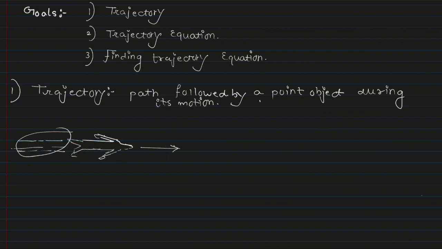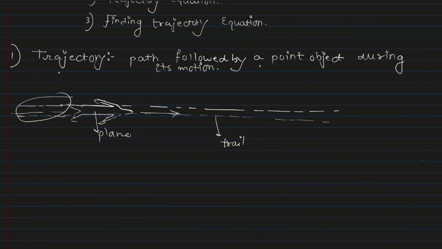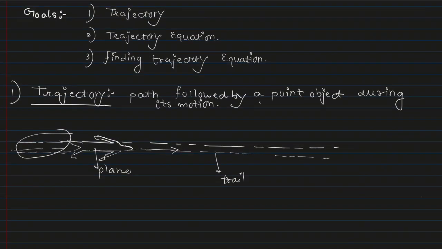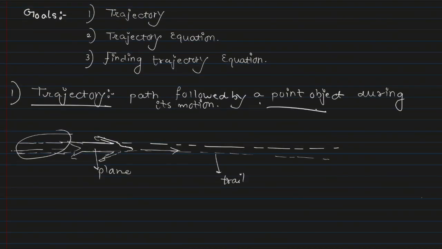If you look at this trail, it traces the path that is traveled by the plane. And that's what we call trajectory. It's as simple as that. Trajectory is nothing but the path followed by a point object during its motion.